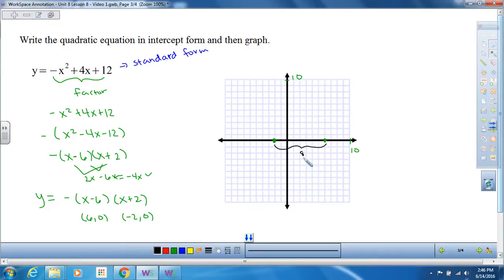So halfway would be 4. So 1, 2, 3, 4. So right here. Okay, so my vertex is somewhere along this line. Because of the negative out front, I know it opens down.